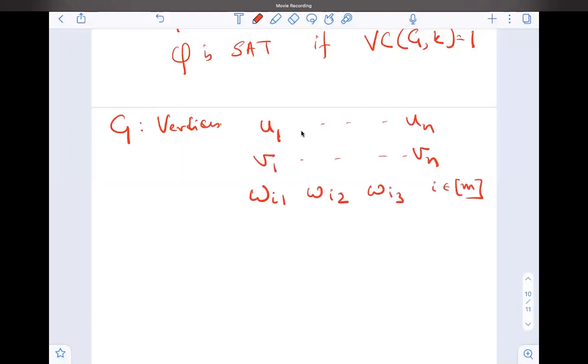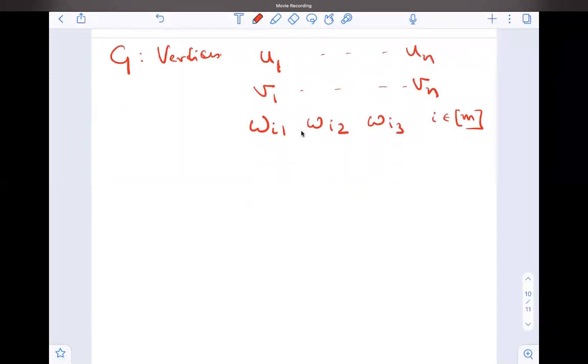The main idea is that whenever you do a reduction, you should think about what each part is talking about. U1 and V1 are talking about the variable x1: this is x1, this is the negation of x1.